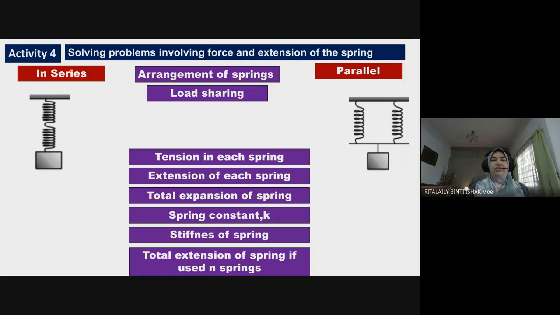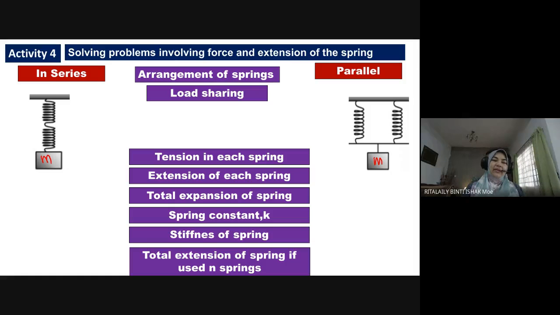So what do you think will be the extension of the spring? Or how is the spring holding the load? So let's say the load is M. Okay, and then this one is also M. How will each spring hold M?